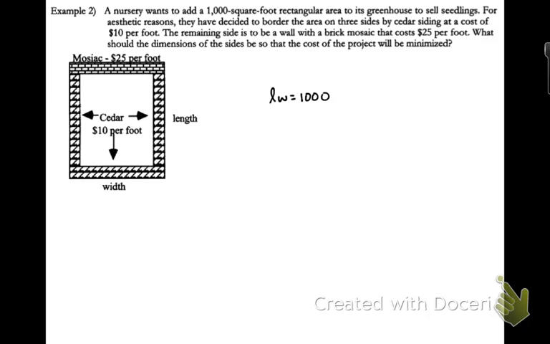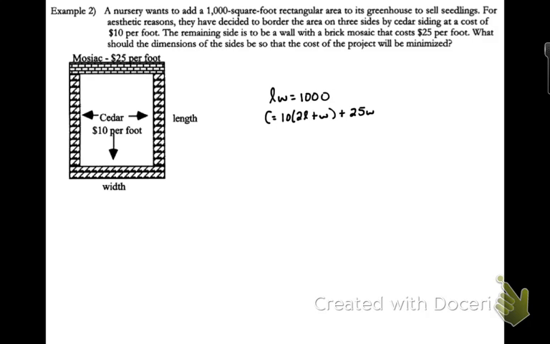So based on the diagram, the cost will be twice the length plus 1 of the width times 10, and that's dollars per foot, plus this final side of the building, which will be brick, so it's the other width, so that'll be 25 times W. That gives us the cost of this entire thing. And so we do have 2 equations. What we ultimately want to do is find the dimensions to minimize the cost.